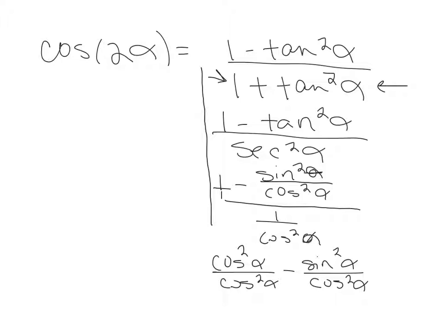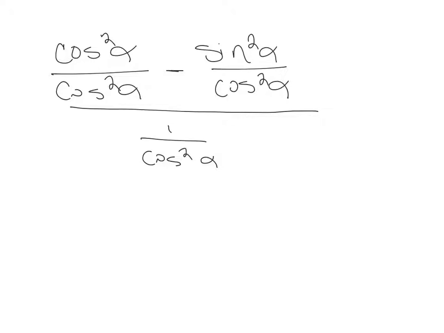Let's go ahead and do another slide here. We're trying to get it equal to the double angle for cosine. So cosine squared alpha over cosine squared alpha minus sine squared alpha over cosine squared alpha.